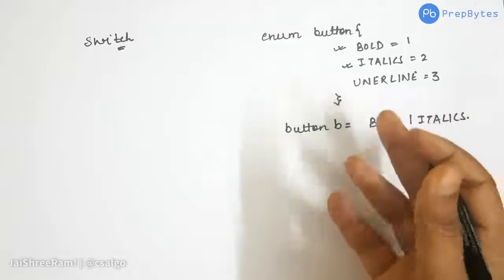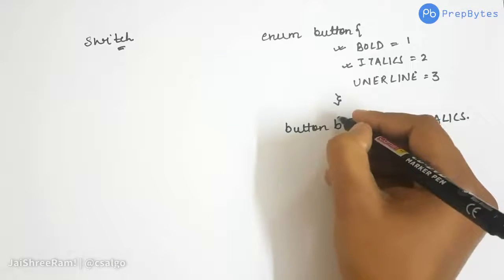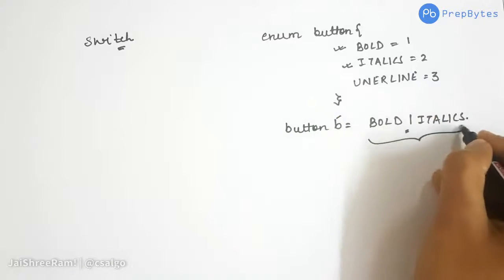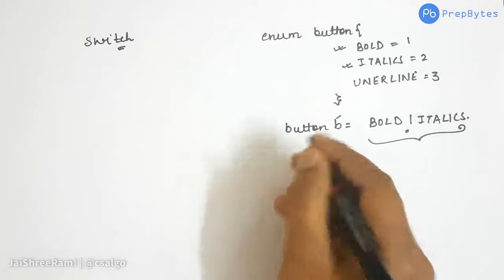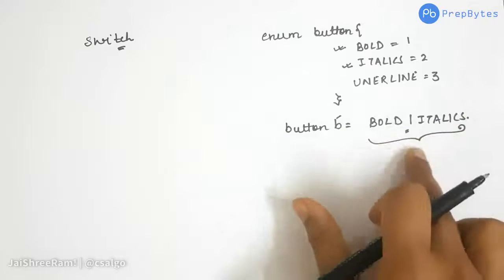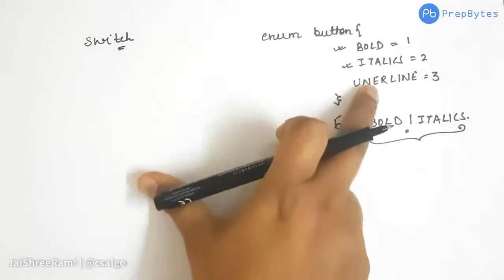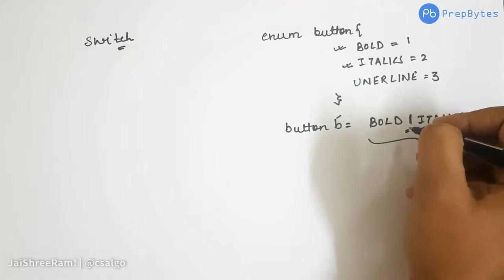As of now, just understand the concept that we are saying that button b will have bold as well as italics. So this is also something that we can do. This is the bitwise operator that we can perform on enum values. We will be talking about this to a great extent when we're talking about operators. We will be coming across enum every now and then, and we will be practicing enum in that way. So that was all about enum.